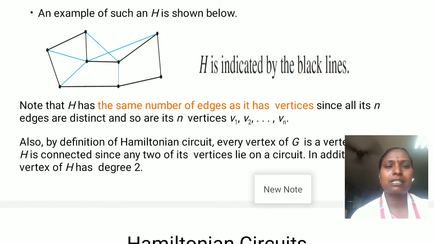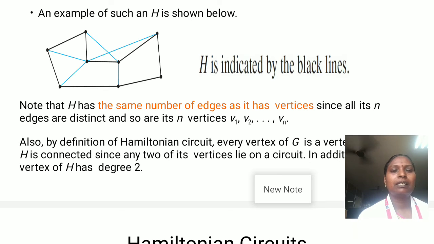We can consider the graph. Let us take the lower right vertex. We are crossing all the vertices exactly once to reach the same vertex, the right side vertex. We can move through all the vertices exactly once and reach the same point.